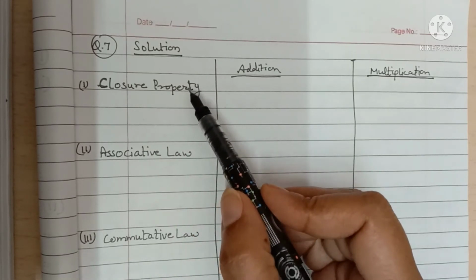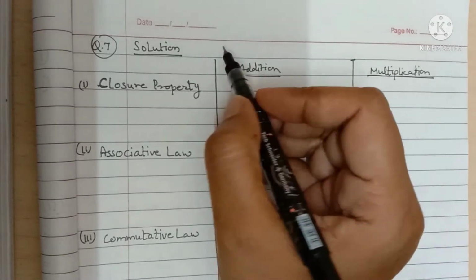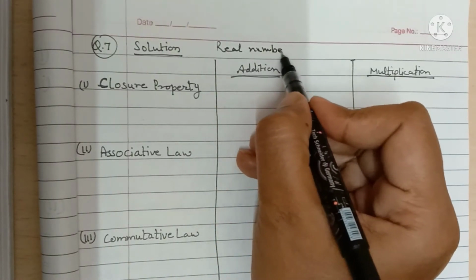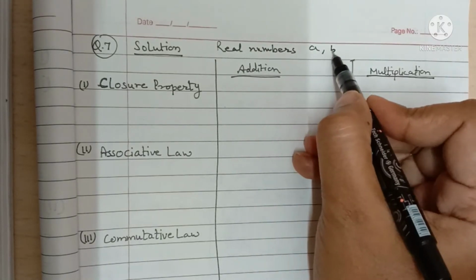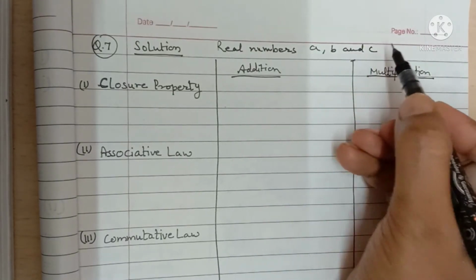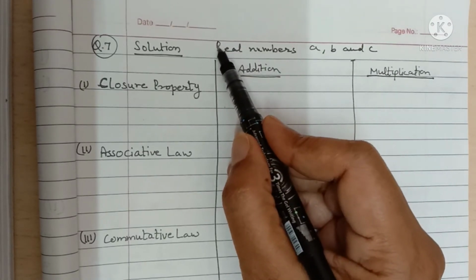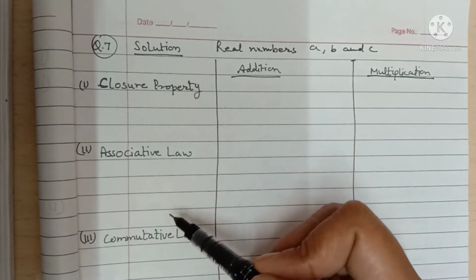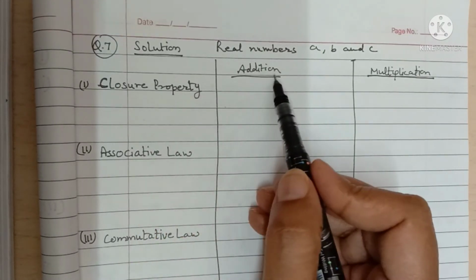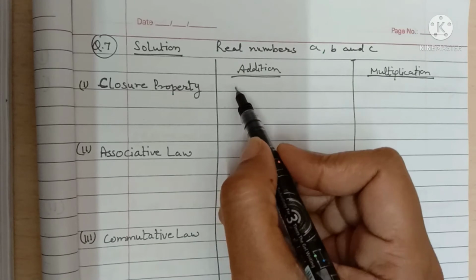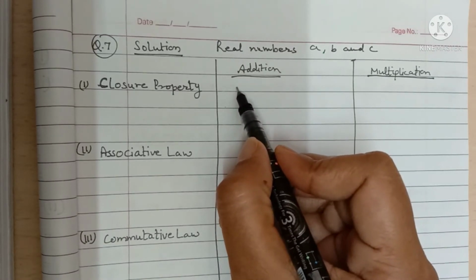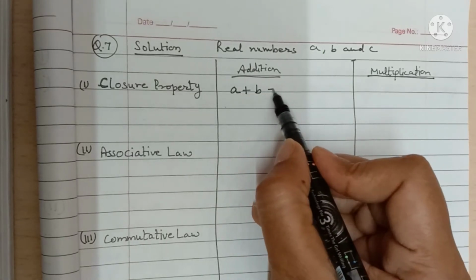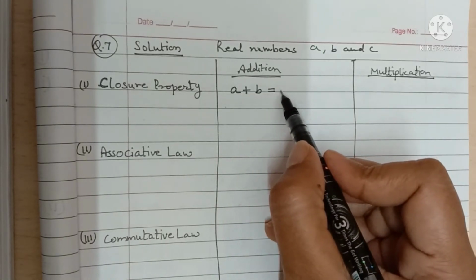For these properties we are taking the real numbers A, B and C. First is closure property of addition. Here if we add two real numbers, take A plus B, the result will be a real number.